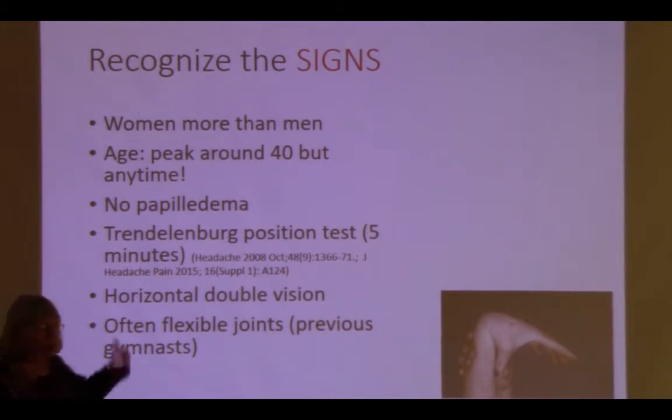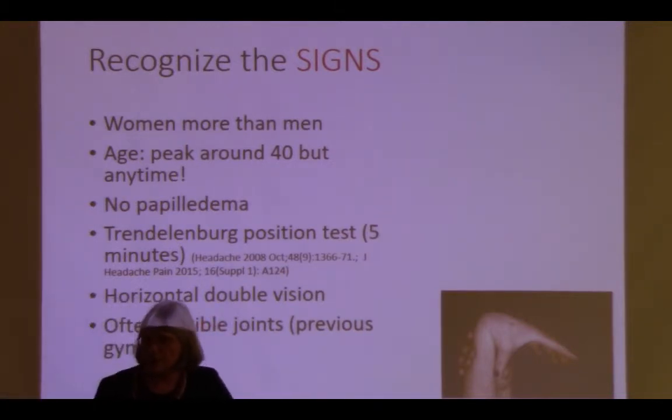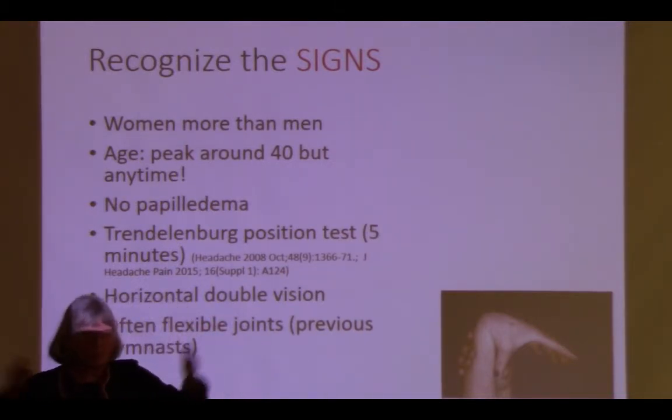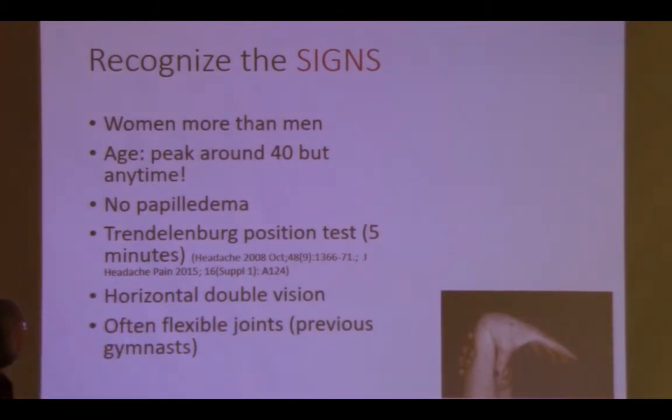Now, how are we going to recognize it? Well, first the history again. That's why providers have to talk to the patient and get the information. And then we have to look for the signs. So this headache is more common in women than men. The peak time is around 40, but it can occur anytime. There's no disc swelling or papilledema.